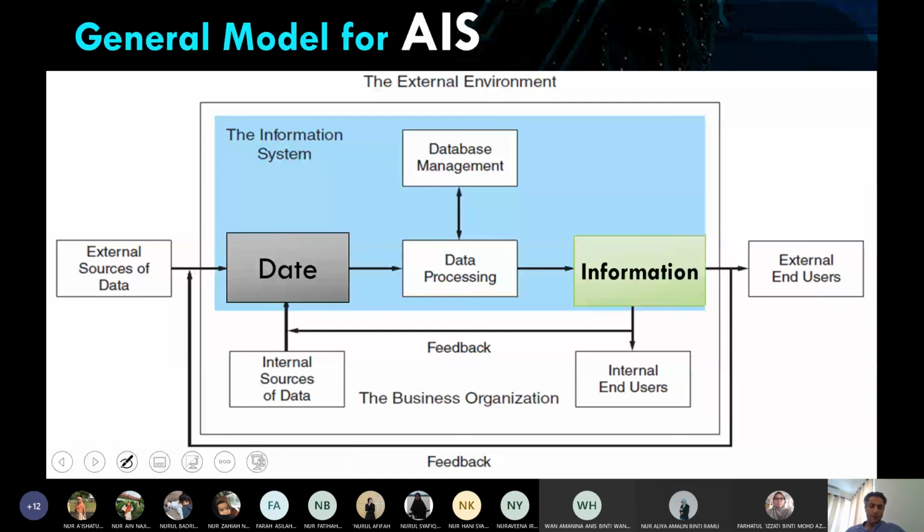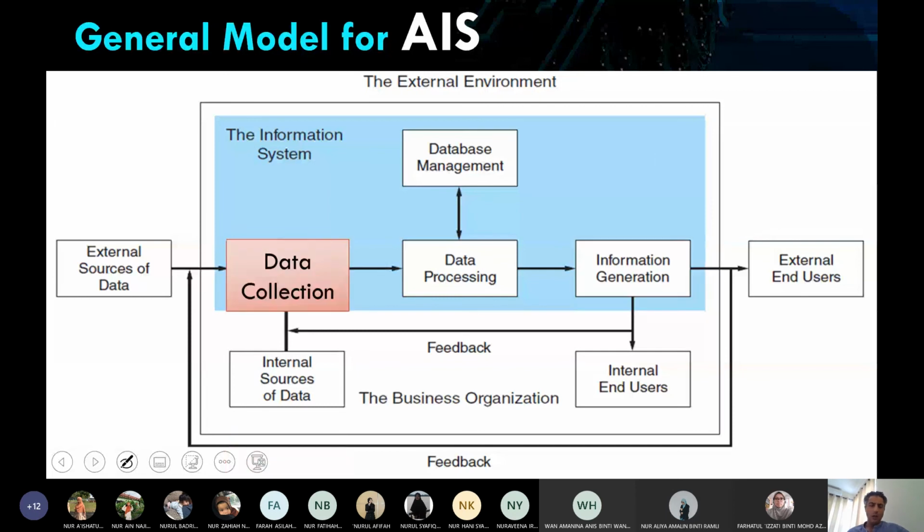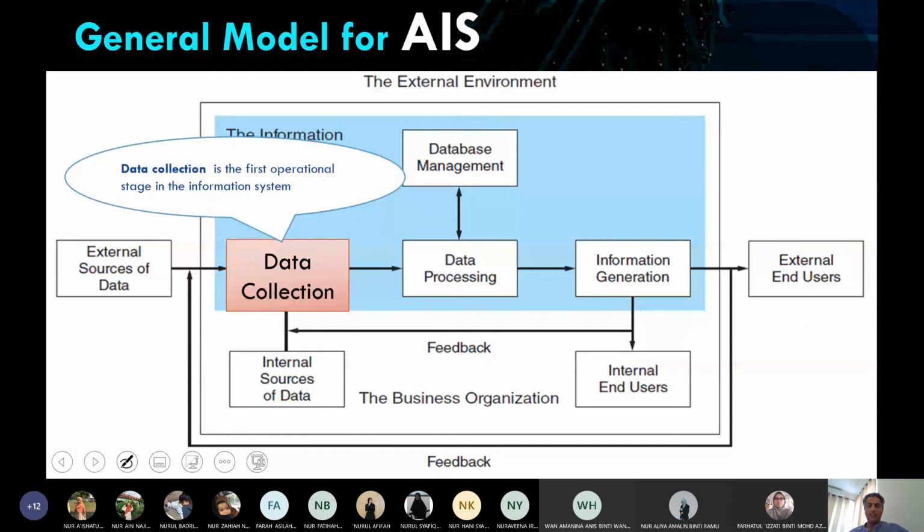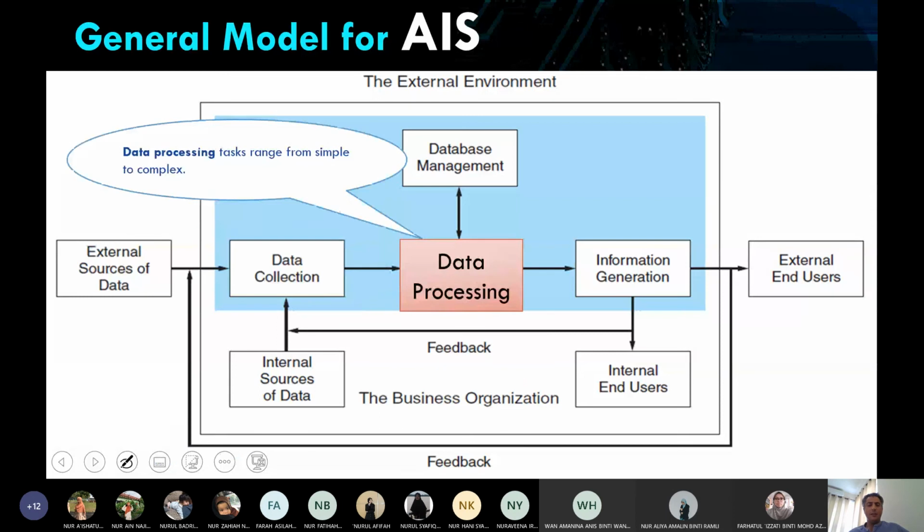And then we have data to be processed, which we will discuss in a short while, to generate useful information here. So collecting data, from internal or external sources, is the first step. Data collection is the first operational stage in an information system. And then data processing ranges from simple to complex.